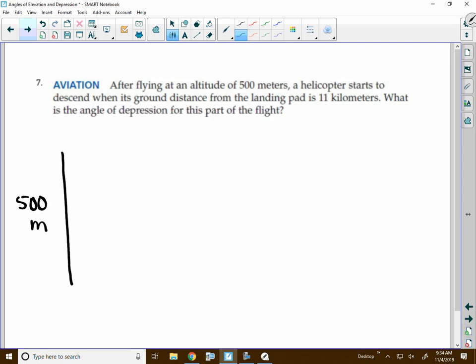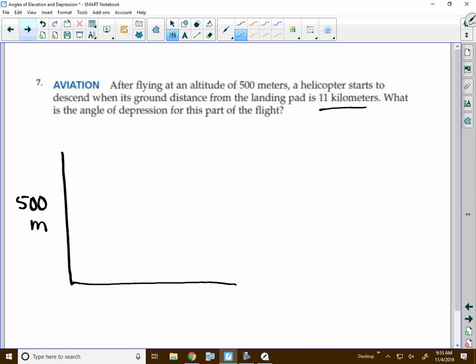Okay. Then it says it starts to descend when its ground distance from the landing pad here is 11 kilometers. Now, wait a second, because we have meters in the first one. So how can we change this into meters?